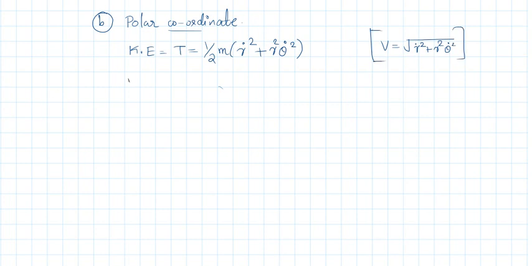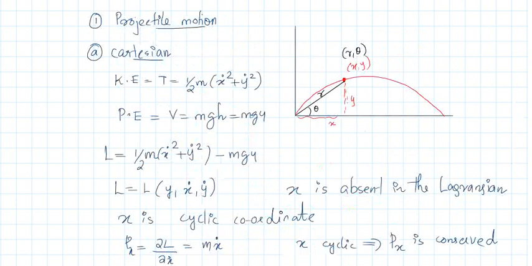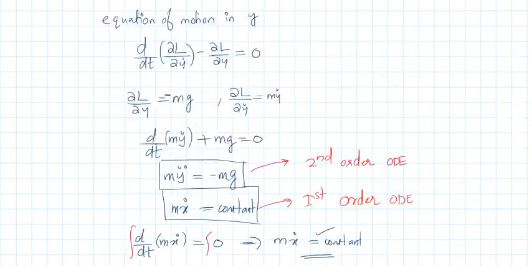What is the potential energy? Potential energy V is equal to mgh, and from that figure h is nothing but r sin θ. Okay, you can look at this figure. This y, this is the height, it is r sin θ from this right angle triangle.